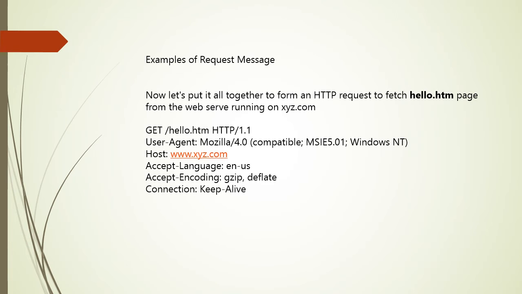So the first one is GET, that is our request line: GET /hello.html HTTP/1.1, User-Agent: Mozilla/4.0, Host: www.xyz.com, Accept-Language: en-US, Accept-Encoding: gzip, deflate, Connection: Keep-Alive. Here we are not sending any request data to the server because we are fetching a plain HTML page from the server. Connection is a general header and the rest of the headers are request headers.